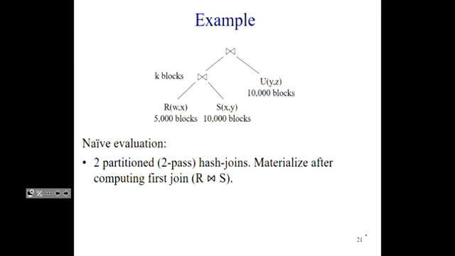So for two-pass hash joins, what would my cost be? If you remember two-pass hash joins, I needed 3 times the cost of each relation.